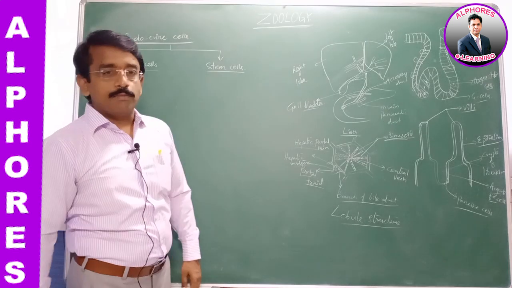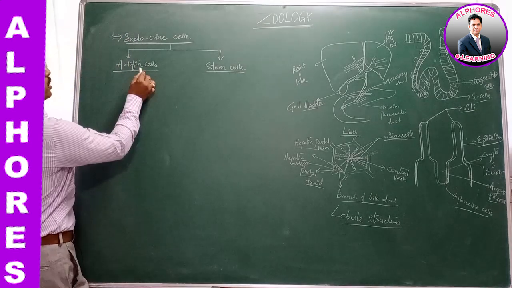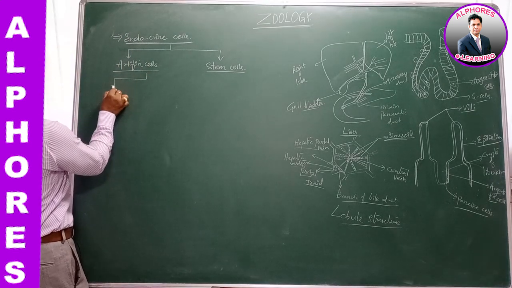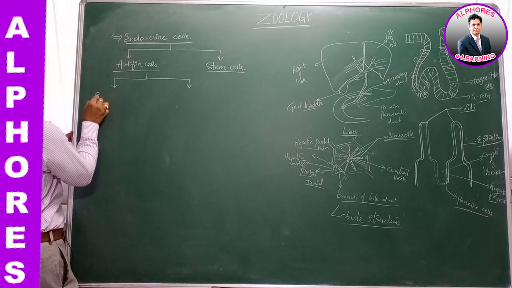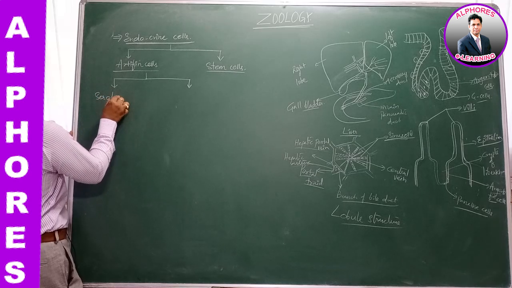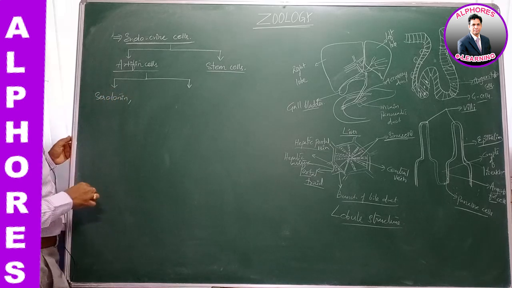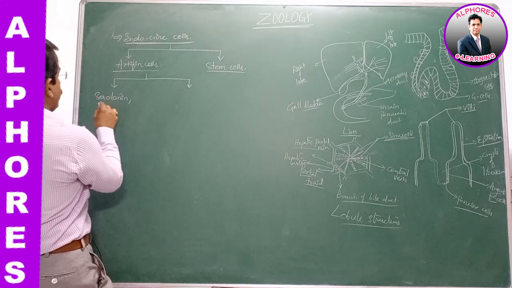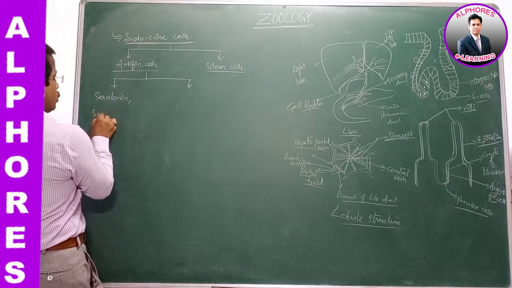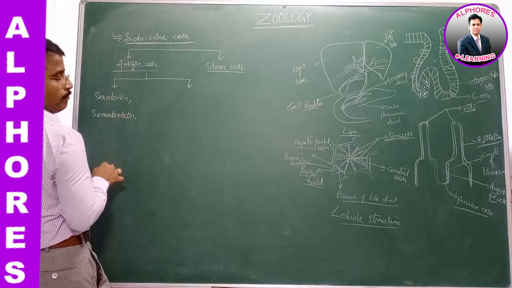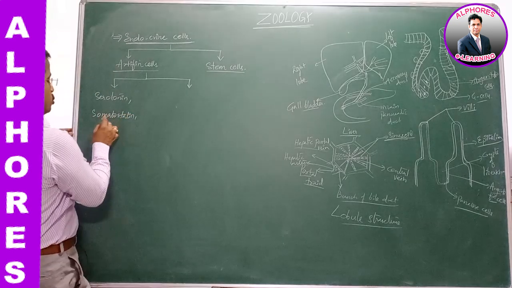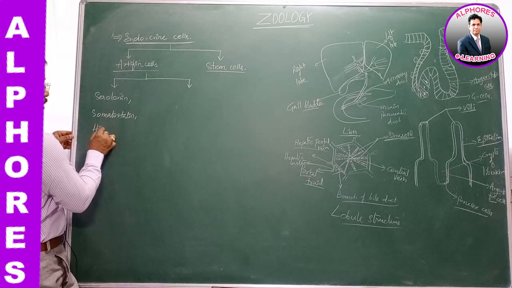Argentaffin cells secrete the hormones serotonin and somatostatin, and they also secrete histamine.